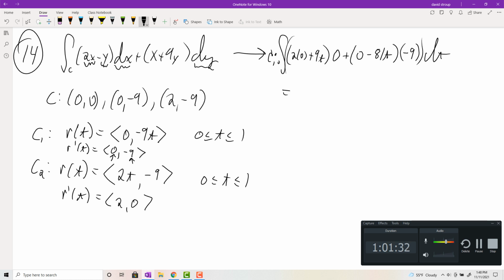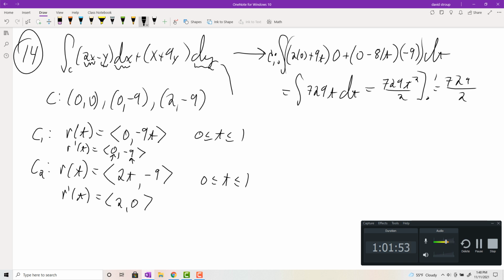Okay, so the first portion is just 0, and then you have 729t dt. So it'd be 729t squared over 2, evaluated from 0 to 1. So it's just going to be 729 over 2.